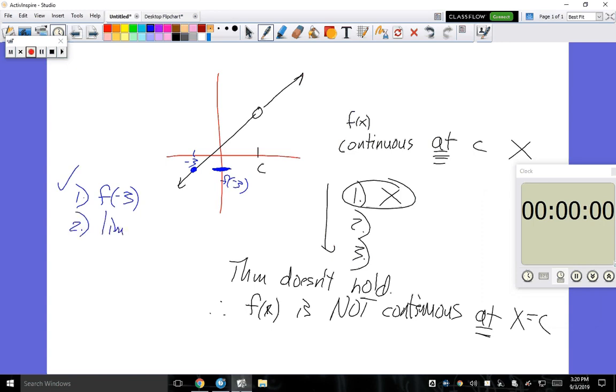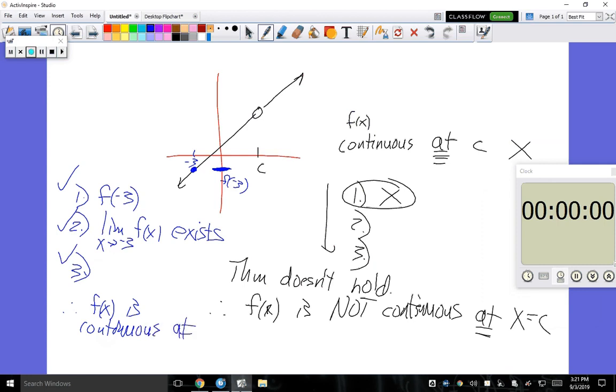Does the limit of f of x exist as you approach -3? Yes, it does exist. It's whatever that value is. And does rule 2 equal rule 1? Yes. So here's the thing. You would say, therefore, f of x is what? Continuous. Big, huge word.